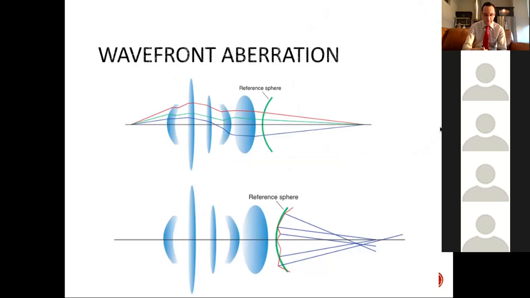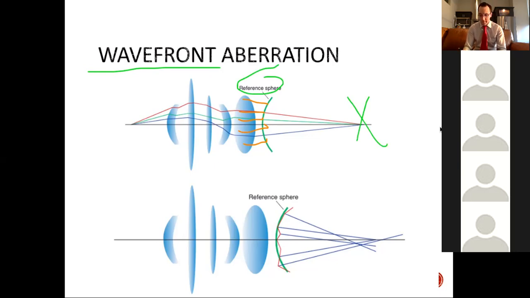In wavefront aberrations, we are assuming that all the light that enters our system gets to the point at the same time. The point that I'm referencing is called the reference sphere, and it is drawn in relation to where our image will form, right?